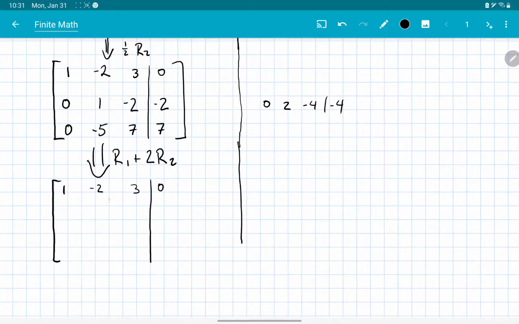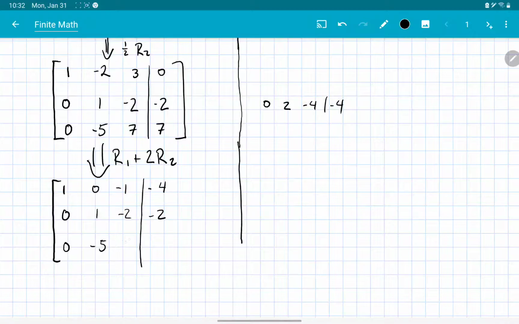Oh, that's not right. The 1 stays, and then we get 0 here. We get -1 here, and then we get -4 here. We get 0, 1, -2, -2, 0, -5, 7, 7.